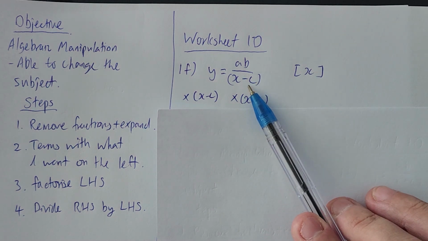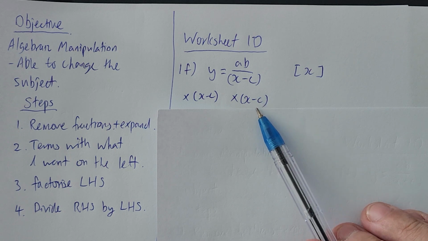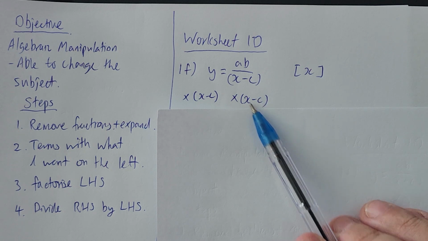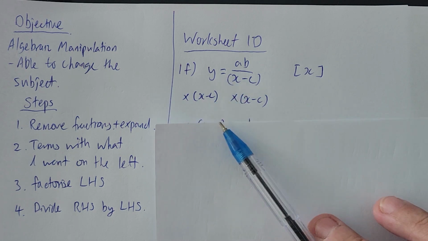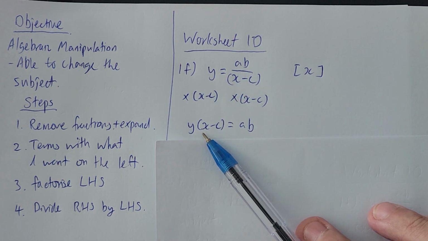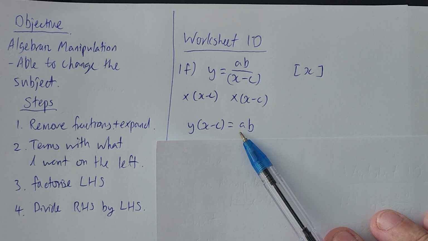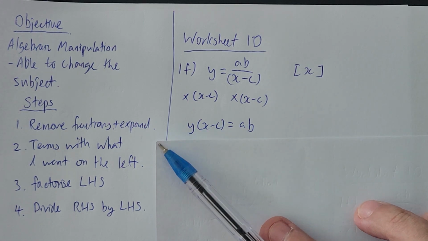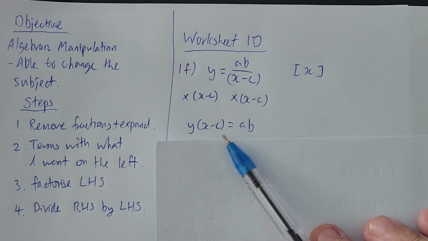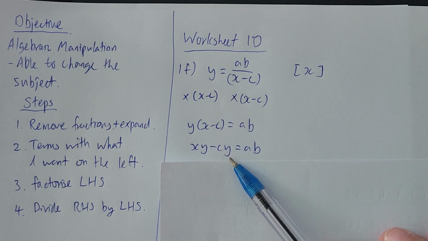Doing so will cancel away the denominator, or more correctly, the term to be used is divide away. On the left hand side, I will be left with y bracket x minus c equals ab. So from here to here, I'm doing step 1. I remove the fraction, and next I need to expand. That's the bracket, I expand it. So step 1 here is done.